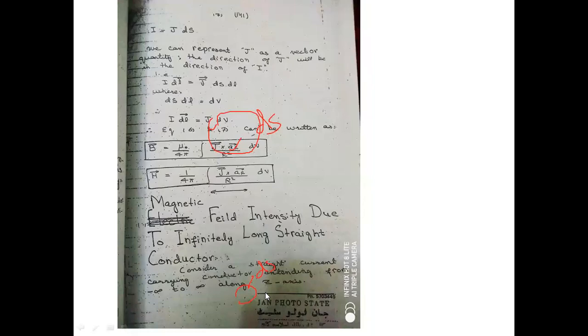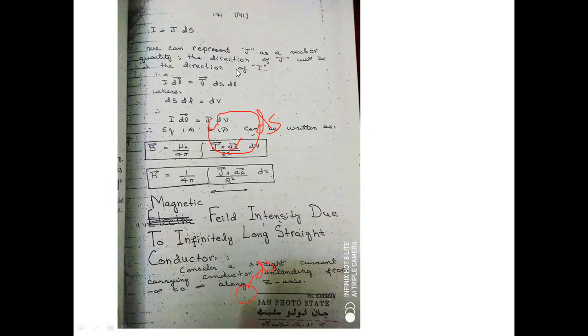So J is equal to I over ds, and from cross multiplication we get I is equal to J ds, and we can represent J as a vector quantity. The direction of J will be in the direction of I, so the same technique will be applied. We use dl over dl absolute, which is then multiplied on both sides to get I dl vector equal to J ds dl.